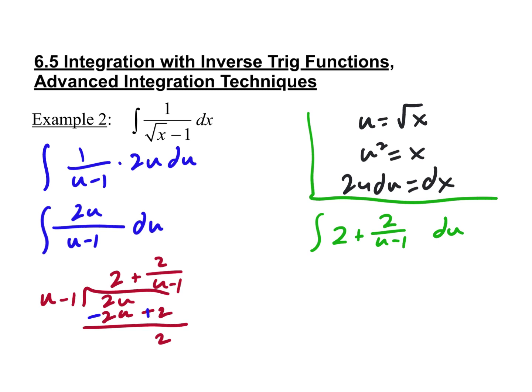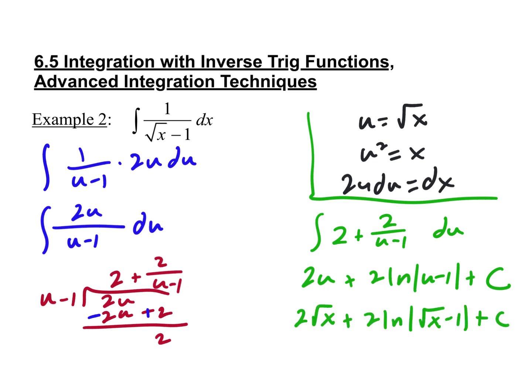And then this is 2 times the natural log of u minus 1, or absolute value. Okay. Then I substitute back in, and we're good. We do need to keep the absolute value because it is possible that this number is less than 1, depending on what x is.